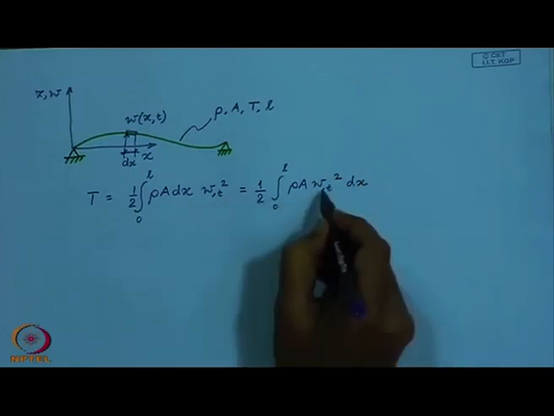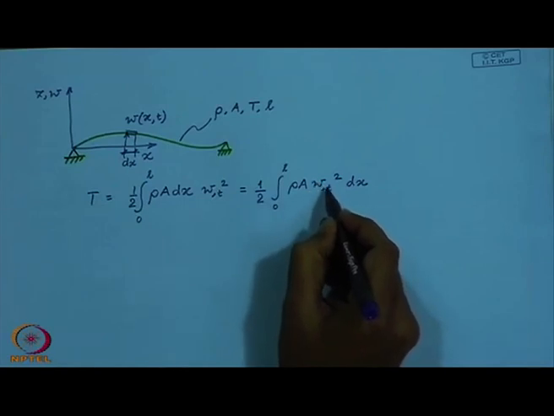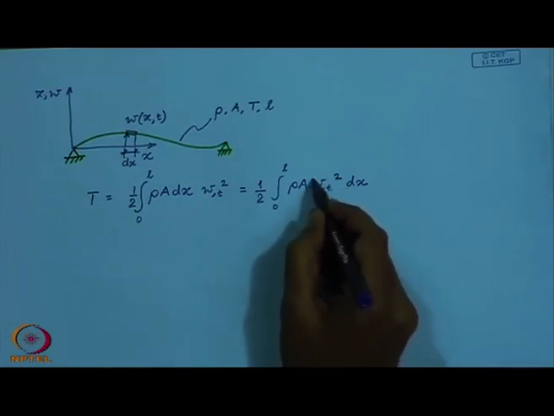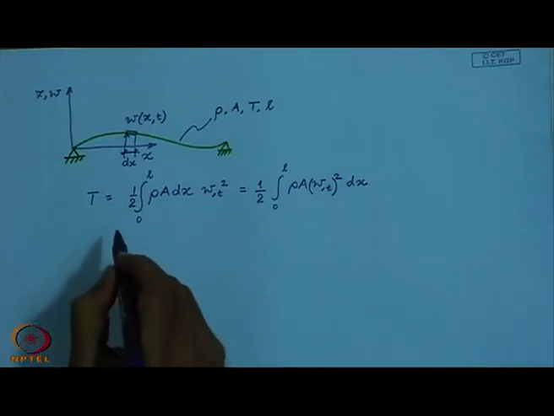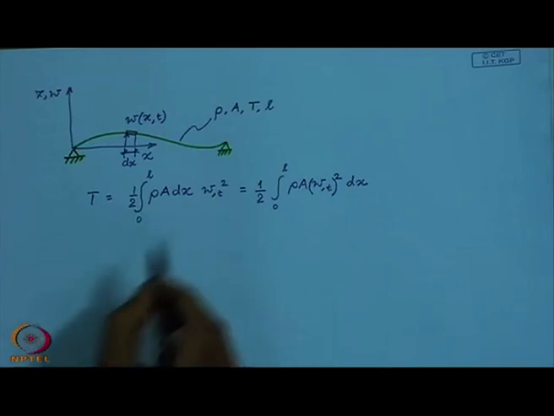When I write del w del t, so w comma t whole square, it is assumed that it is like this. So, that is the kinetic energy of the string.